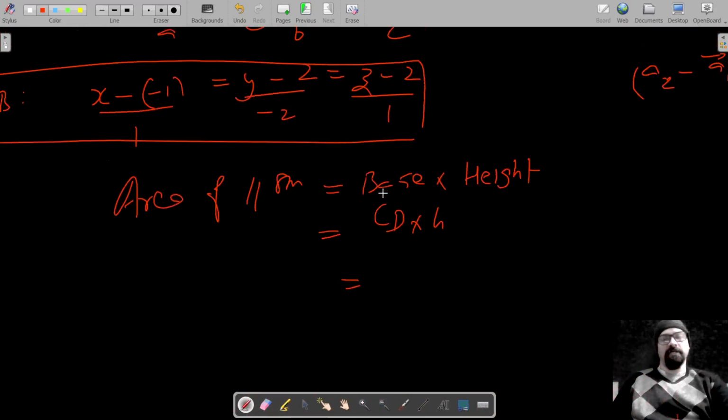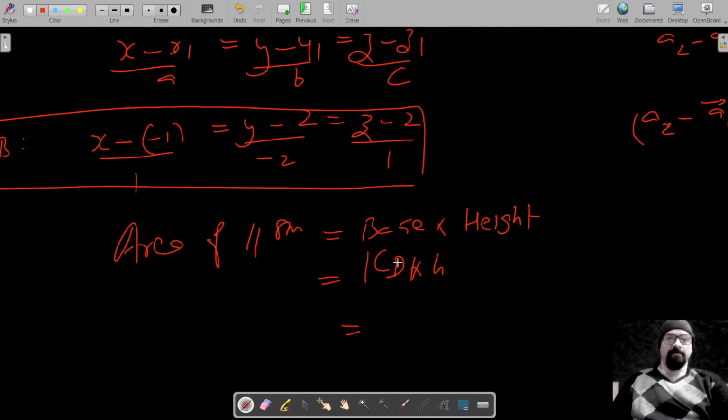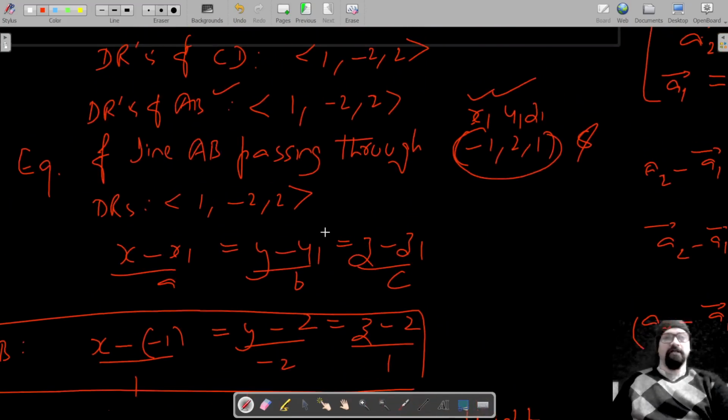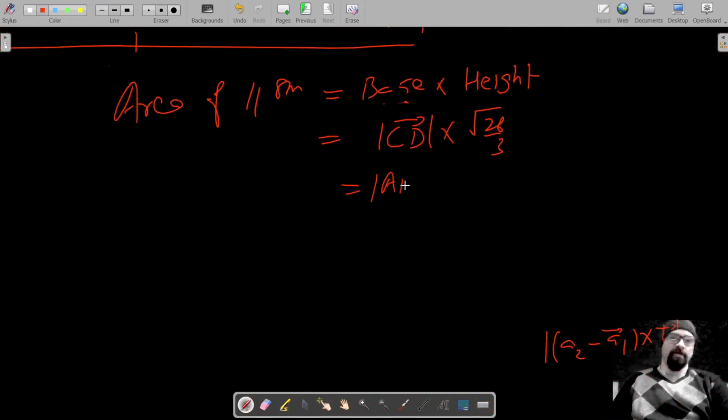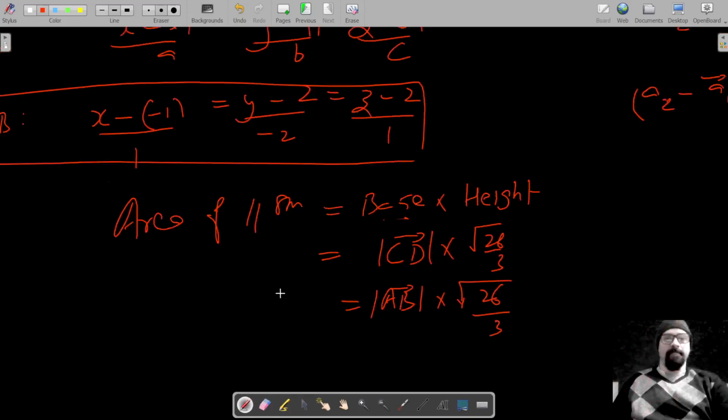We have already got the height, under root 26 by 3. Now CD is parallel to AB, so the magnitude of CD is equal to the magnitude of AB. Let's find out AB now.